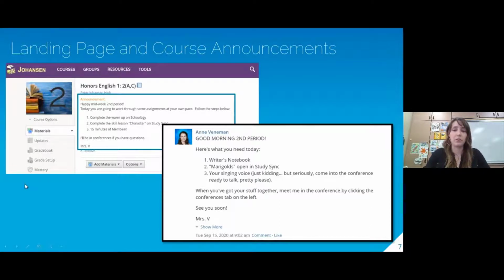You can see here in this very front photo, I usually say good morning, and then a list of what they need for the day, like their notebook, what tabs they might need open, so that during class we're not spending a lot of time looking for things. And this way they have an idea of where we're going for the day and they can get themselves prepared. I also tell them if we're going to be meeting in conferences or teams.